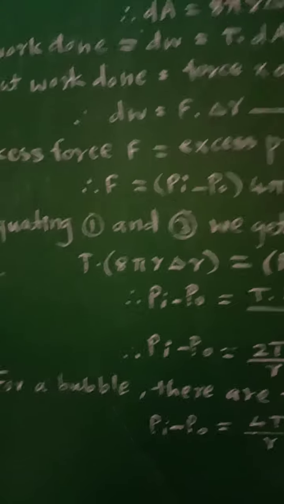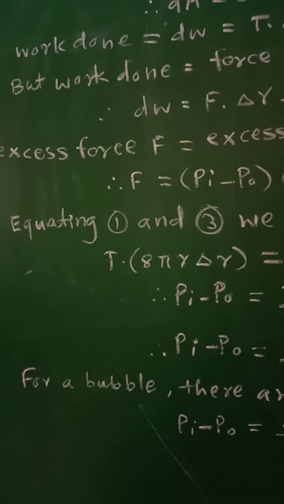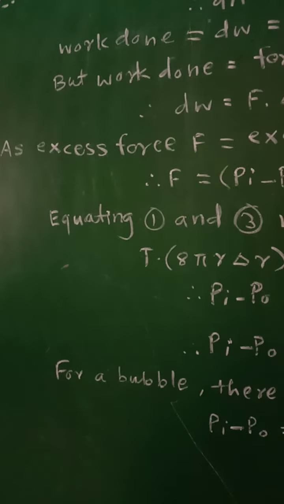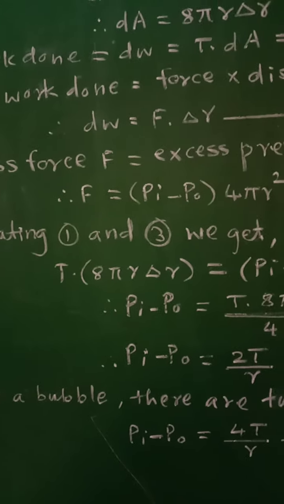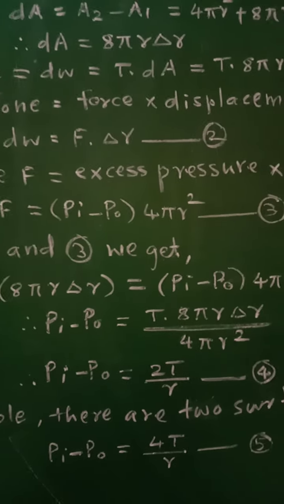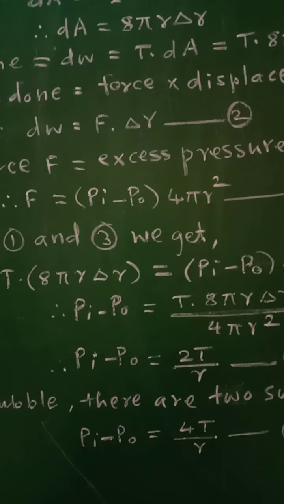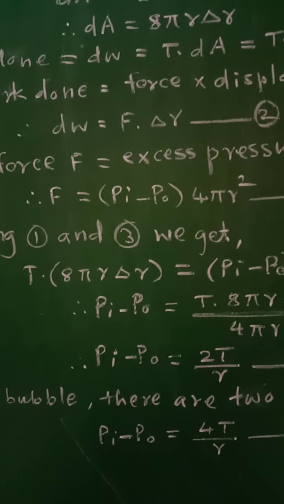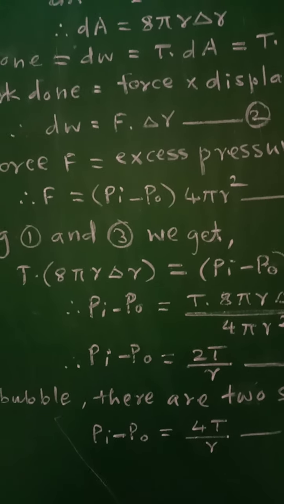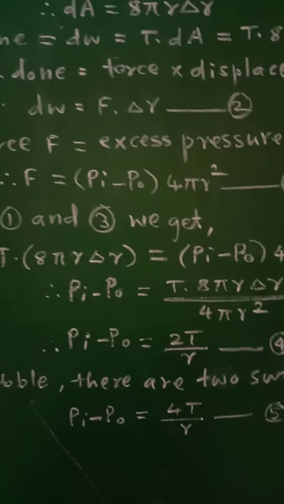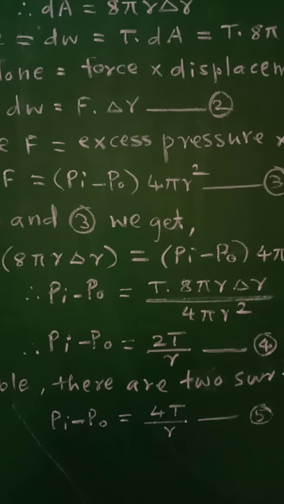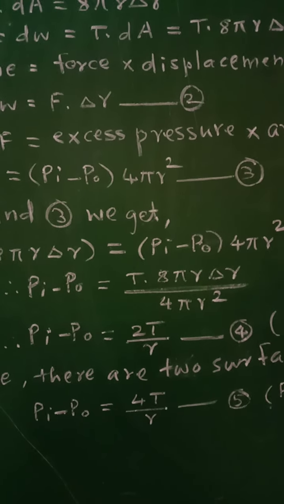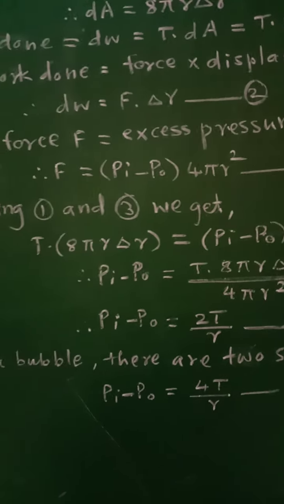Here we consider the excess force, since excess pressure is considered, so F equal to excess pressure into area, therefore F equal to Pi minus Po, the excess pressure, into 4 pi r square, that is the initial surface area of that sphere. This is equation number 3.